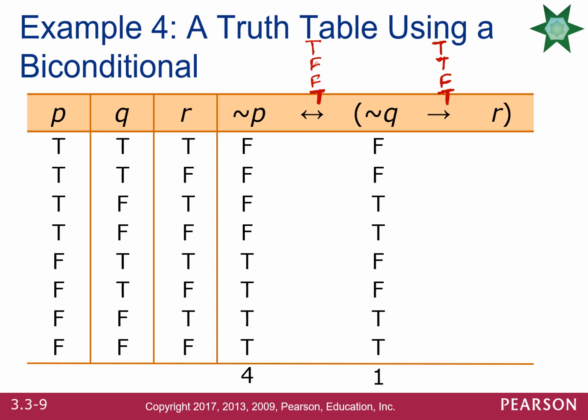Then we will have to go to step 2, which is really R. And for R, there's no negation. So we are just going to write the values of R over here under R. So that's step 2. Let's pull up the values: TF, TF, TF, and TF. Exactly the same values that you see in the third column.